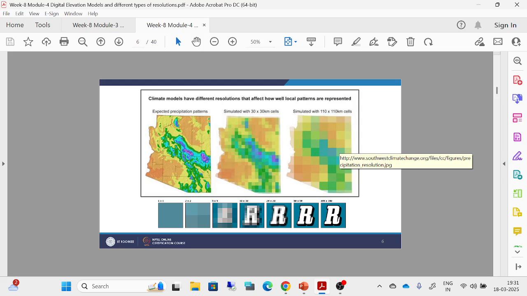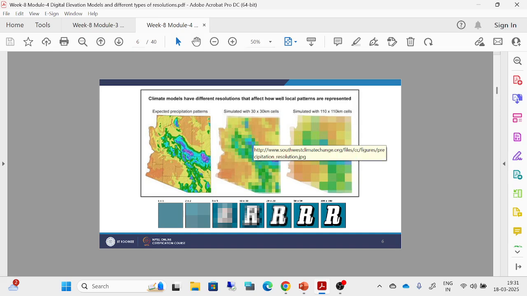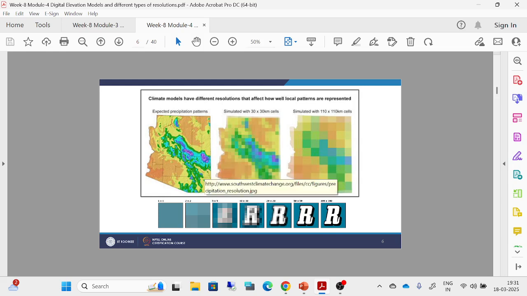Compared to the rightmost image, the middle image is a little better, you can differentiate between the cells, but it's much better in this one. Easier to make some sort of interpretation.